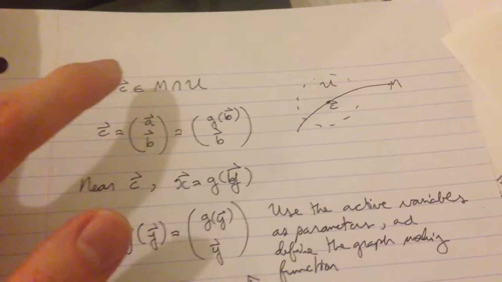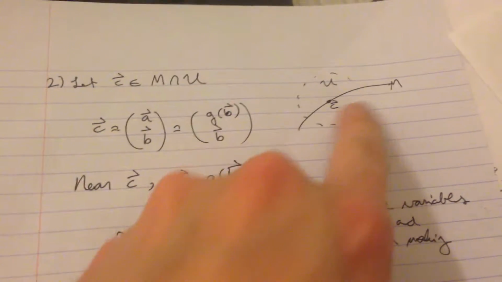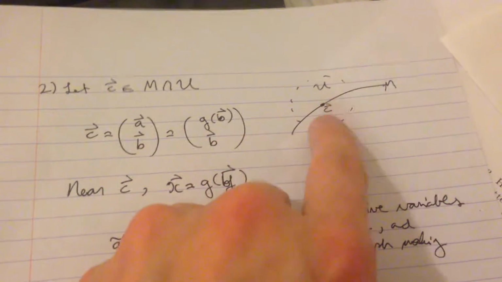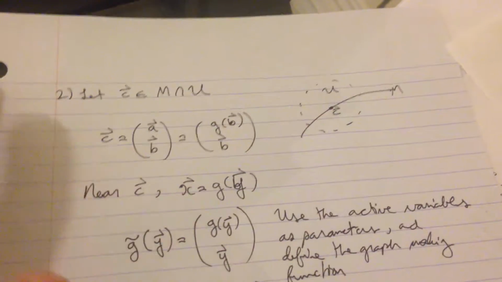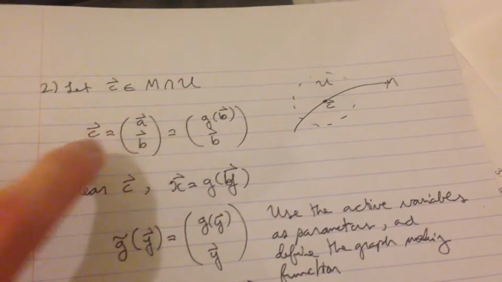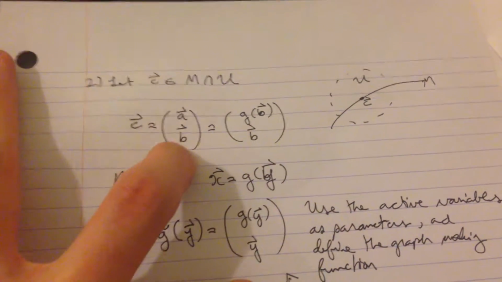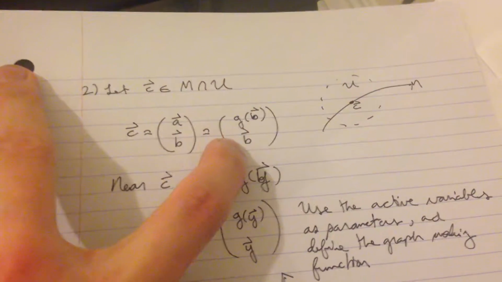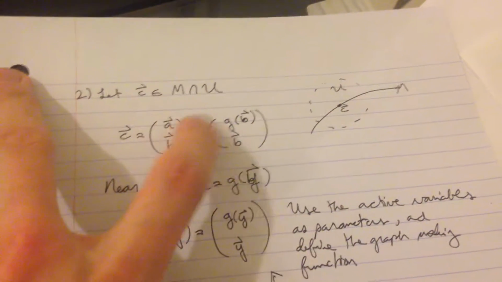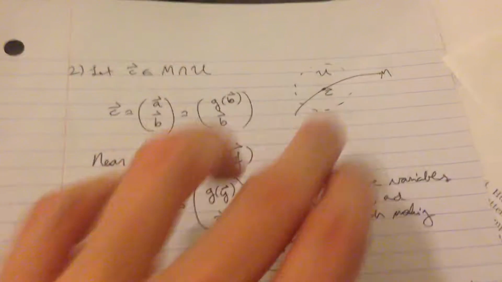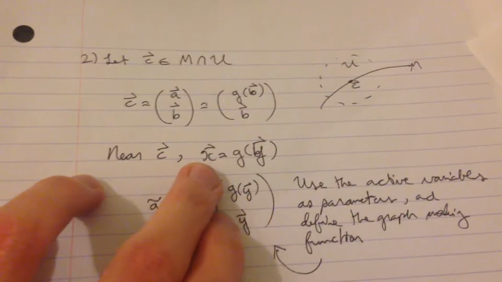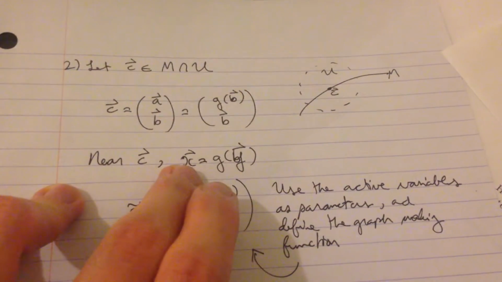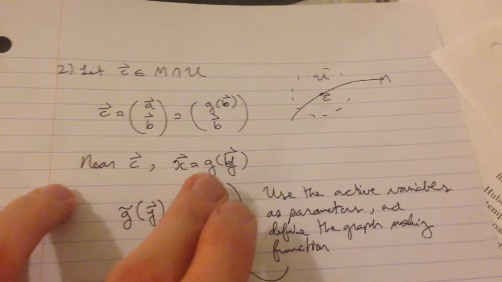The second part, we're given this point C, and we're told that it's a local extremum on this kind of restricted set. So on this manifold, C is the extremum value, and we know that locally C, which we can break up into the n minus k passive variables and the k active variables, there is this g function which defines a equal to g of b, and in this neighborhood, close to C, we can define any value of x, the n minus k passive variables, as some function of the k active variables.